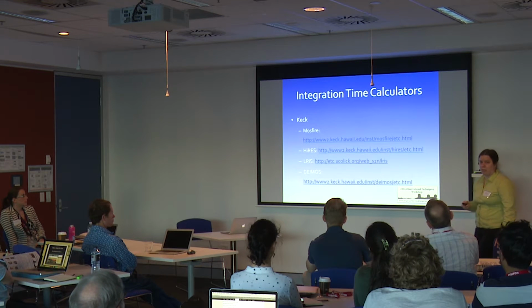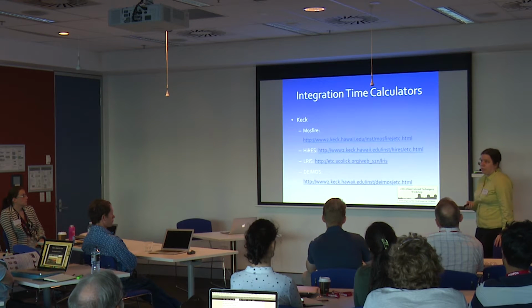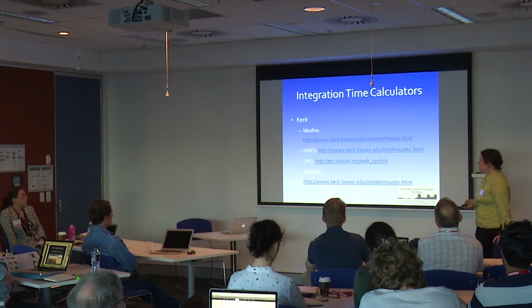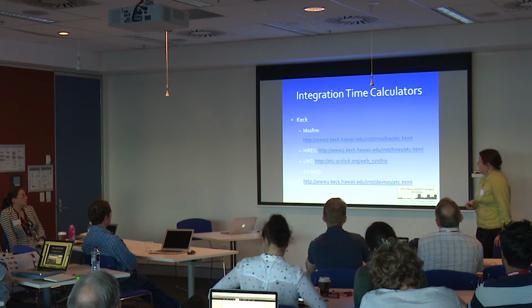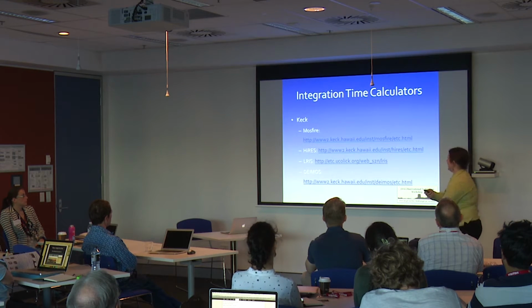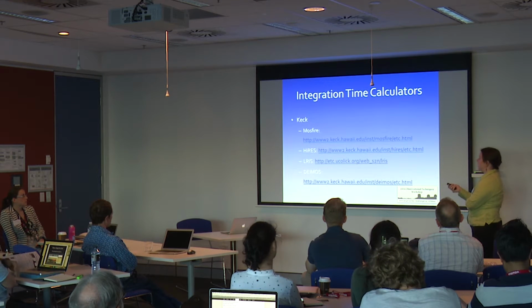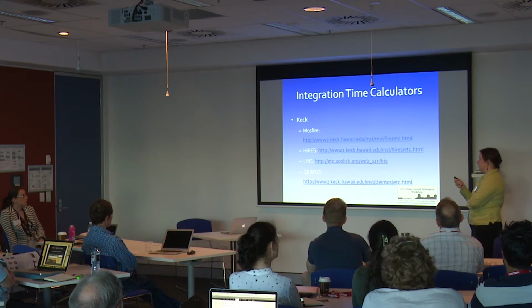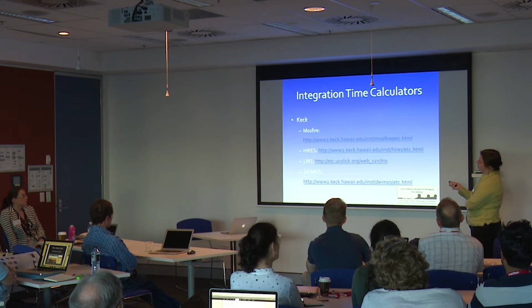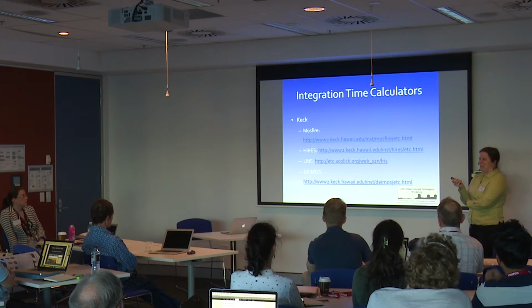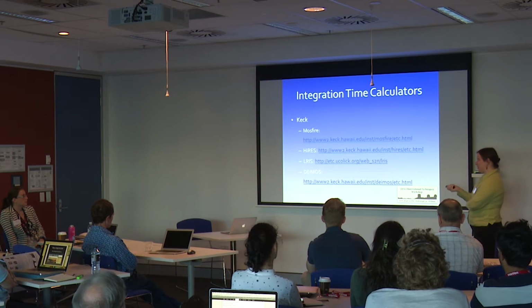You might want to use something that you wrote yourself or that you got from a supervisor. Speaking of which, Keck has several for different instruments. On Keck, we've got MOSFIRE, HIRES, LRIS, and KCWI. Depending on how you write the L, it looks like LRIS or IRIS.